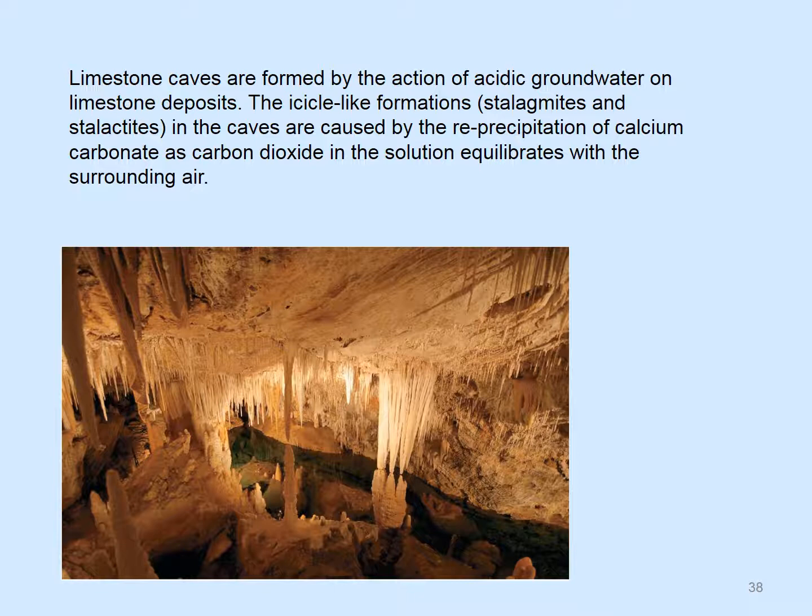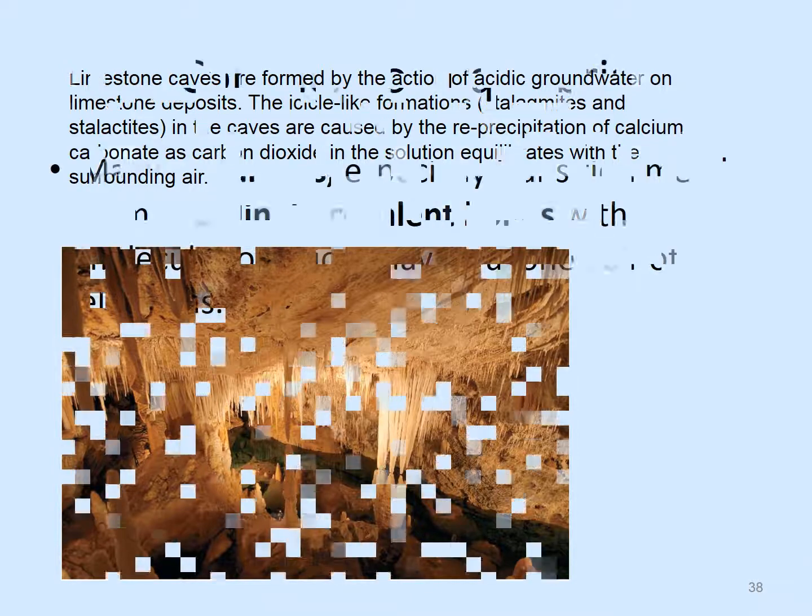And if the carbonate gets removed because the CO2 leaves, the calcium carbonate will precipitate again and form solid. So it's this kind of solubility, non-solubility type of reaction that's going on, and it's because it's affected by the acidity. Once the CO2 evaporates, it's not acidic anymore, and so it will reprecipitate.